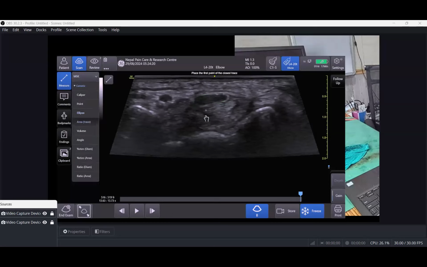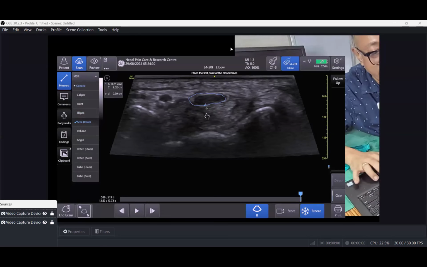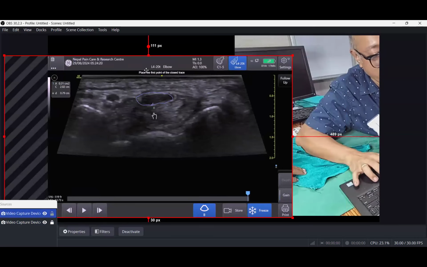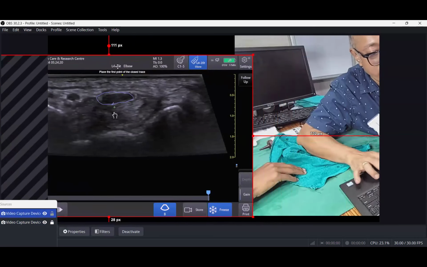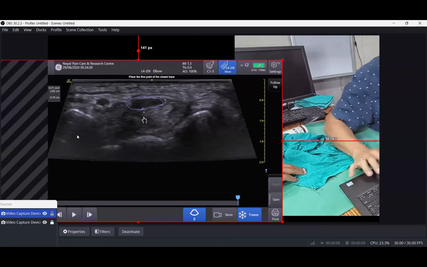There is another feature here where you can trace the entire median nerve, and this is another way to get the cross-section area. Here also you will get the cross-section area. These are the 2 methods to measure the cross-section area of the median nerve. One is the ellipse formula, and the other is to trace the median nerve.